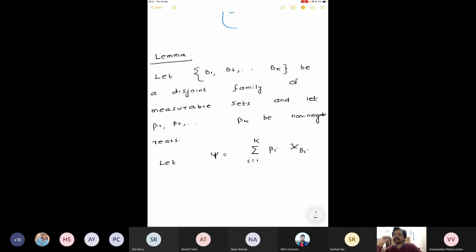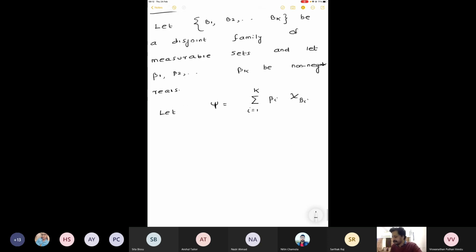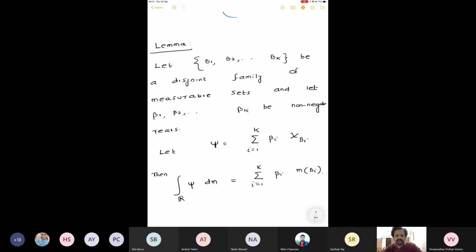So this is not a canonical representation. However, the lemma says that the integral over R of psi dm would be equal to the summation i equal to 1 to k of beta i times the measure of Bi. So what is the essence of this lemma? Let us not worry about the proof now. What this lemma says, you don't feel anything new?